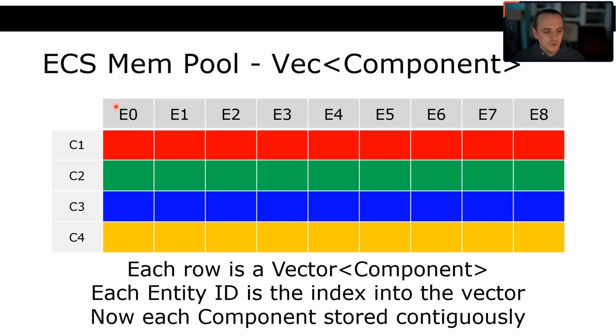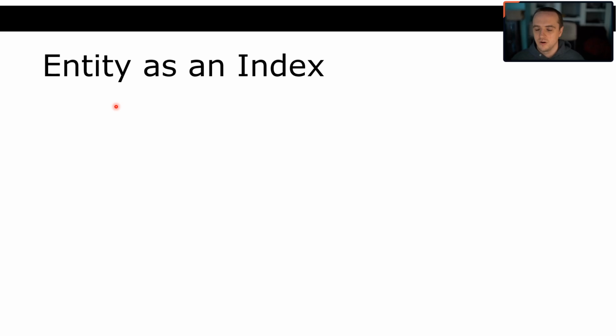See that? So entities essentially just become indexes into this huge array or memory pool. And so now we have a memory pooling solution, but we also have components stored contiguously. Crazy. Okay, so entity as an index.